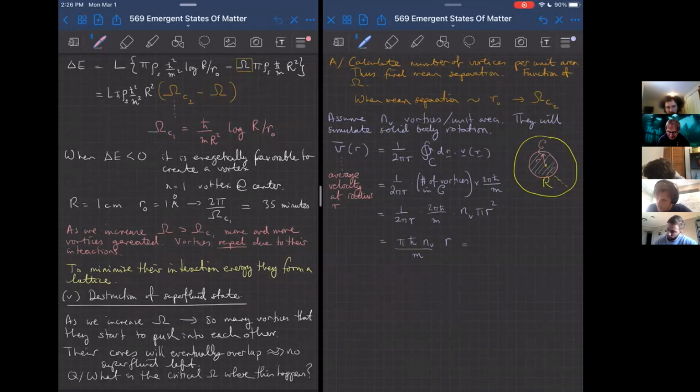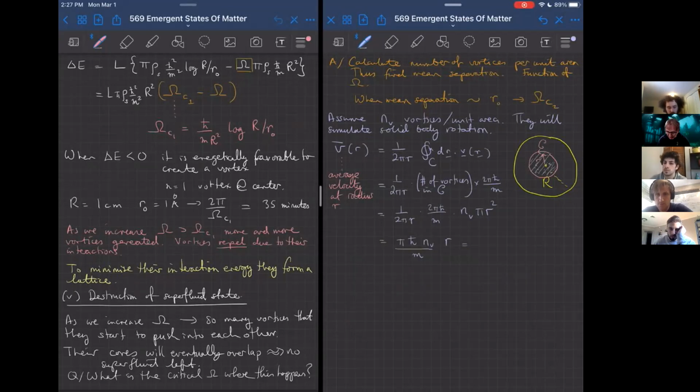So I'm calculating the average velocity at some radius r due to a whole bunch of vortices that are stuck inside this gray area. If I have some average velocity at r, then 2 pi r times that velocity is just going to be the same thing as this line integral of the actual velocity, and I'm going to compute that by just counting how many vortices are contained within the curve and multiplying by the quantum of circulation that each vortex has.